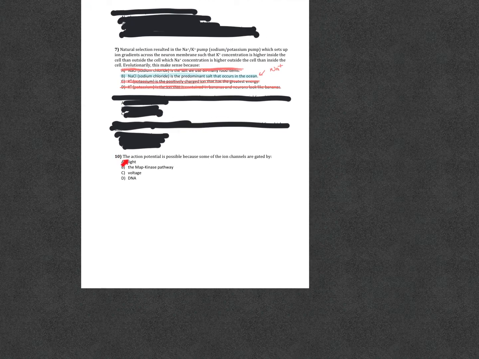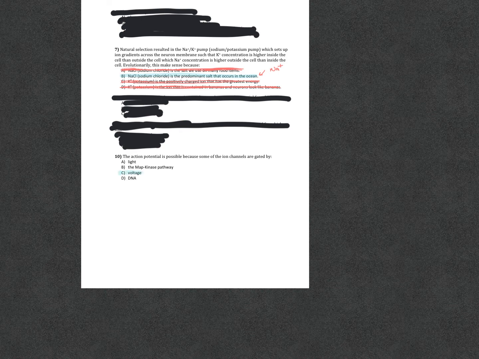So then the action potential is possible because some of the ion channels are gated by... The best answer for the action potential, I hope you would agree, would be the voltage gated channel, right?